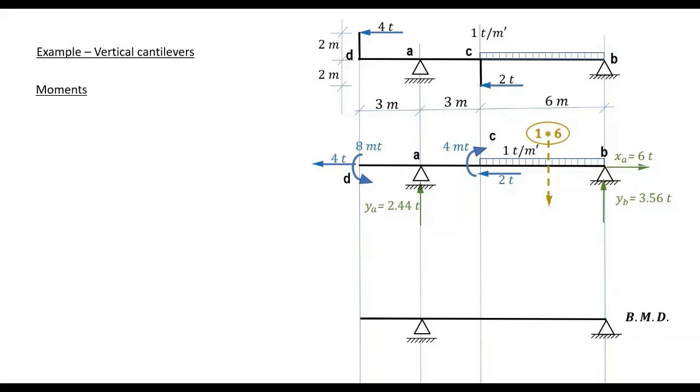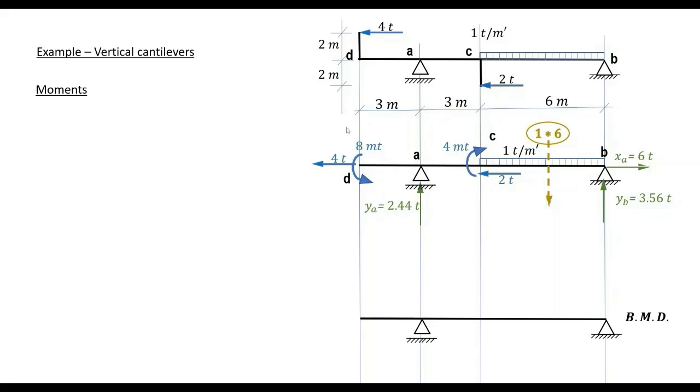We compute our moments. The method of plotting any moment diagram is simply calculating the moments at the points of variation and then connecting each 2 adjacent moments together.